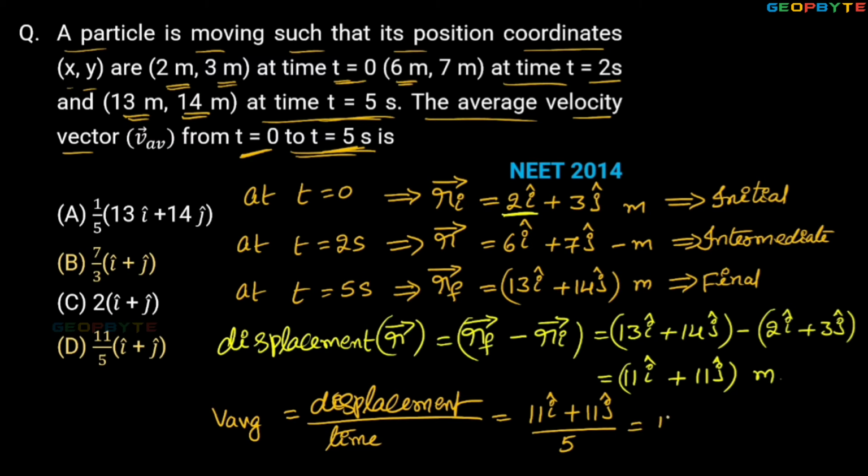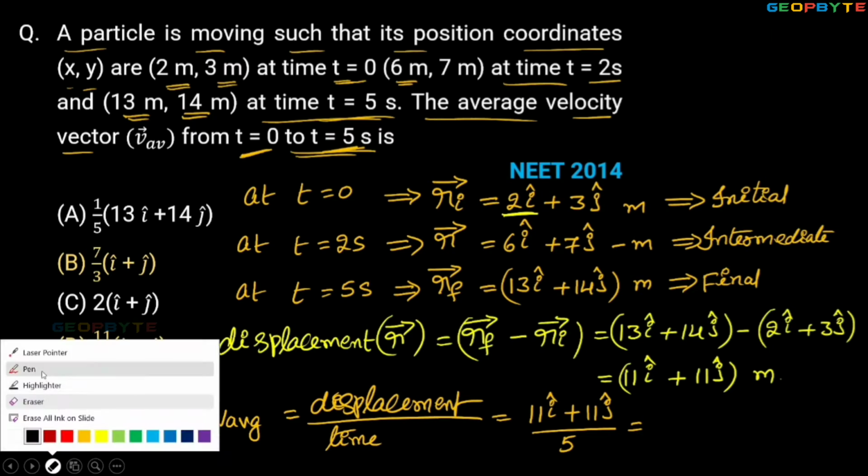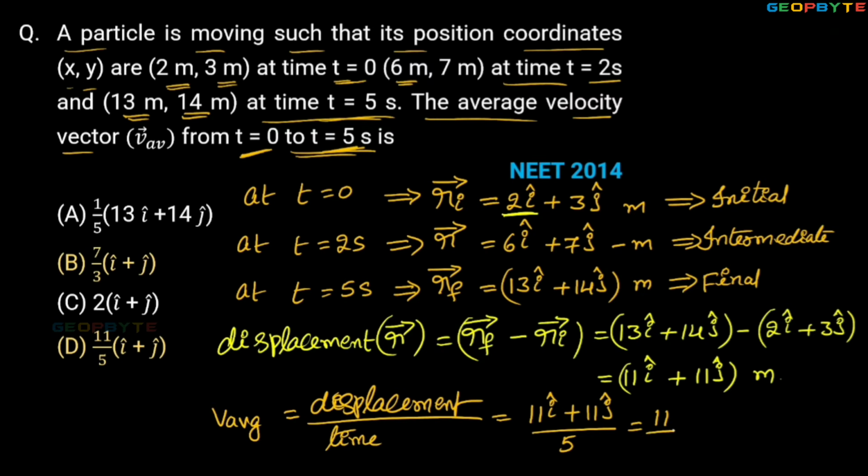It is equal to 11 by 5 into i cap plus j cap. That is the average velocity. Look at option D. Option D is absolutely correct. Are you following clearly? Yes.